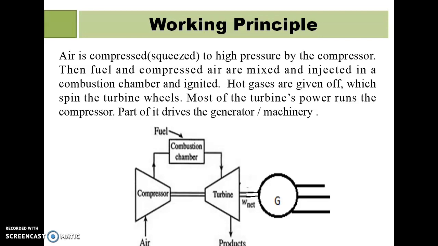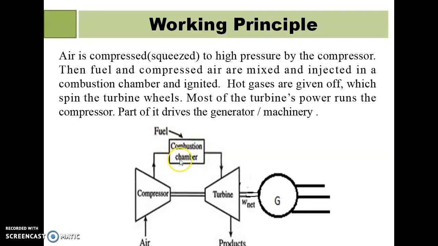In the compressor, natural air is taken in, and the compressor compresses that air, that is, the temperature and pressure of that air is increased, and this pressurized air is given to the combustion chamber.